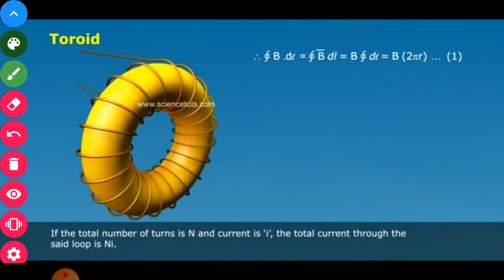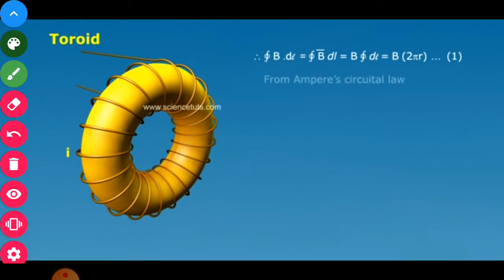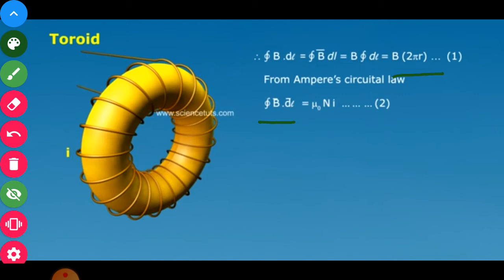If the total number of turns are N and the current is I, the total current through the loop is N into I. Now you can use the Ampere circuital law. We can write closed integration B dot dl is equal to mu 0 N I, and the value of this B dot dl we have obtained, it is B into 2 pi r.